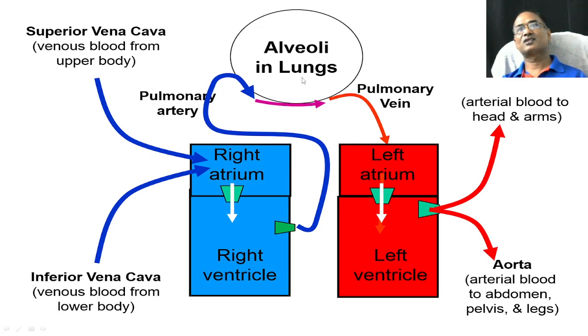The oxygen-rich blood comes to the left atrium and left ventricle, and finally it circulates through systemic circulation to the head portion and the lower part of your body. This is about cardiorespiratory systemic coordination between lungs and heart.